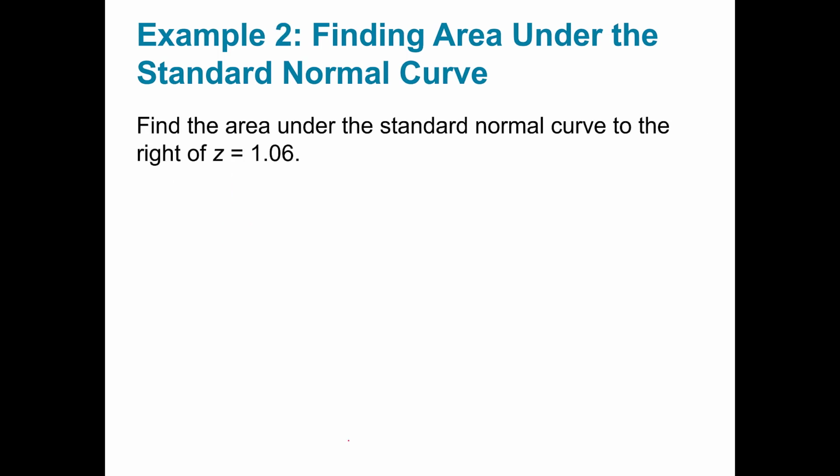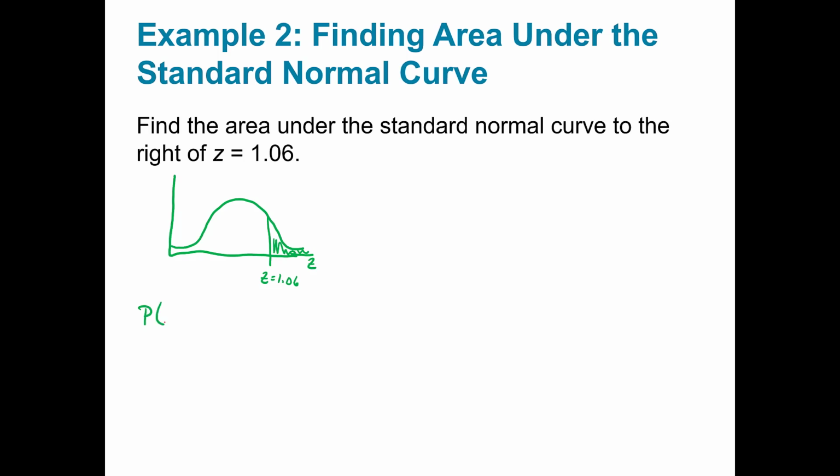All right, similarly, let's find the area under the normal curve to the right of z equaling 1.06. Same idea, first step, sketch it out. So draw our normal distribution. z equaling 1.06 is on the positive side, so it's on the right-hand side of the mean, and it's pretty close again to our inflection point. We shade on the right-hand side in this case because that's what we want.